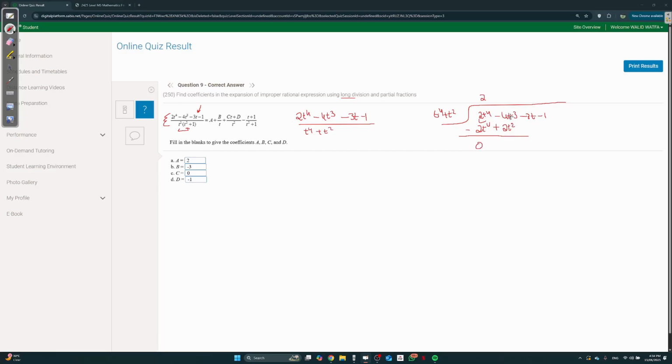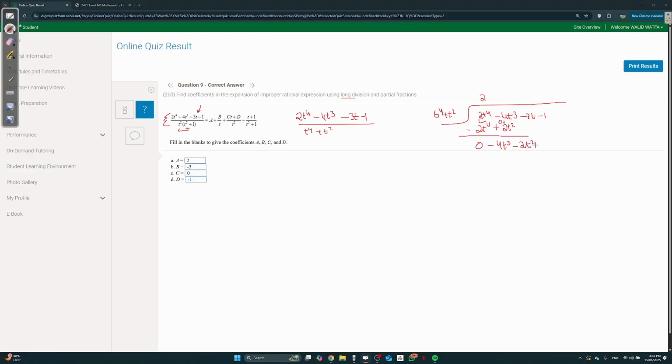Here we have minus 4t cubed. There's no cube term to subtract it with, so we just do minus 4t cubed. I know there's a 0 here, right? There's no power 3 term. So minus 4t cubed minus 0 is minus 4t cubed. Okay, and then there's nothing to add to the 2t squared here. So 0 minus 2t squared is minus 2t squared.